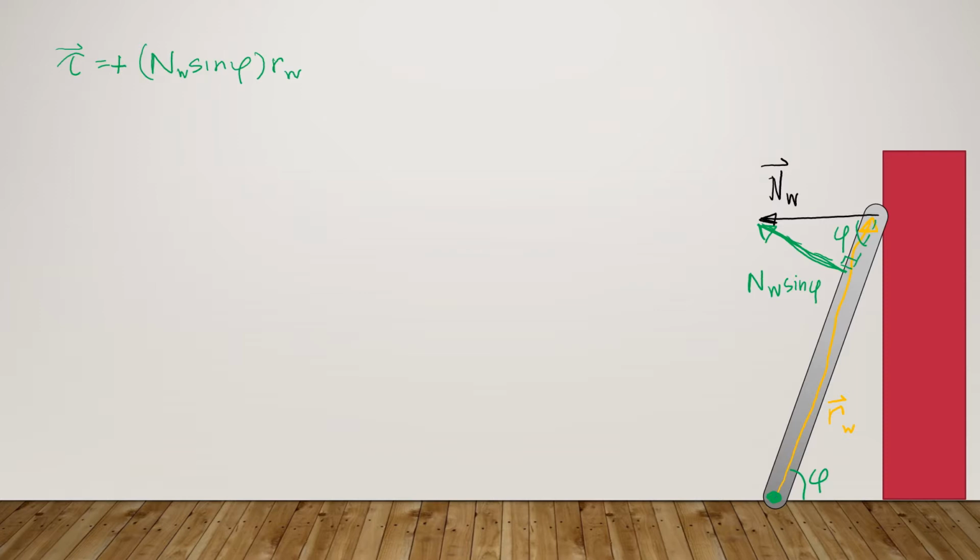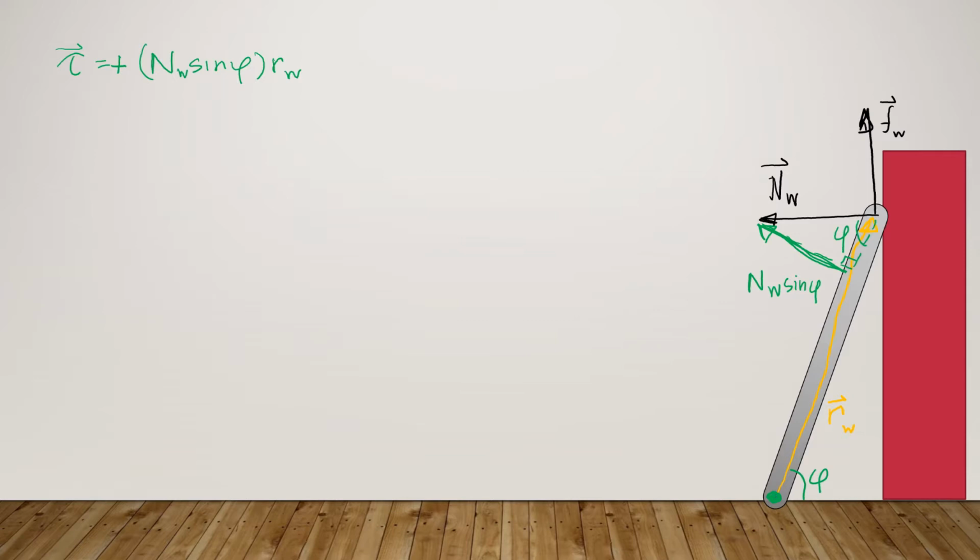I have another force at the top. So the other force at the top is the friction that points up. So we've got some friction between the wall and the ladder. And so again, I want to think about how it's acting on the ladder.